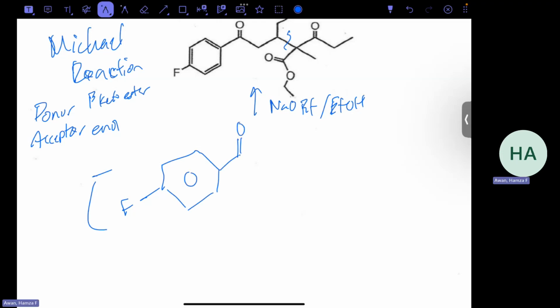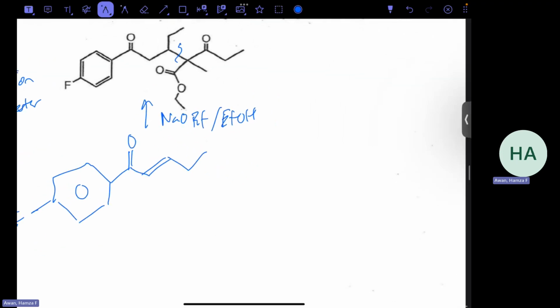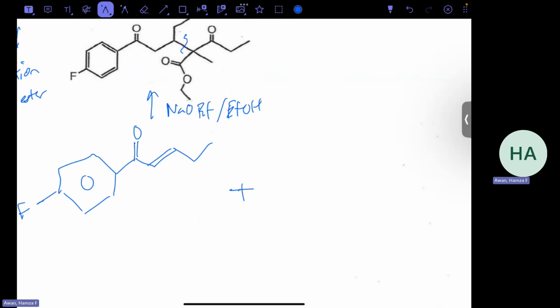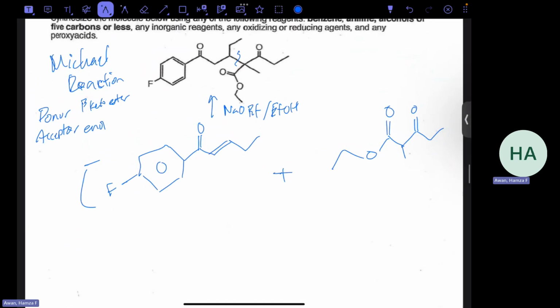Double bond O, phenol, and then we have two more plus our beta keto ester. All right, so that's our first step, right?